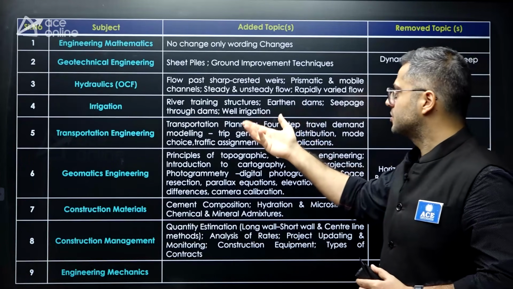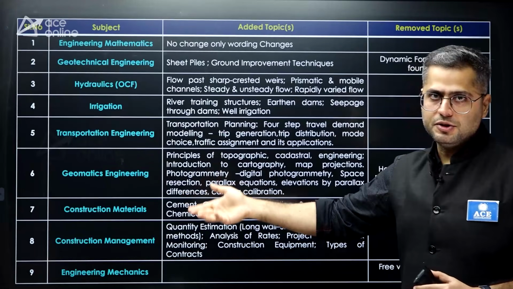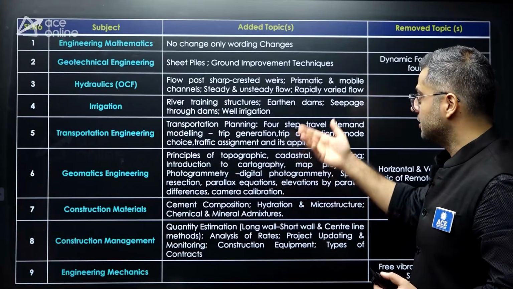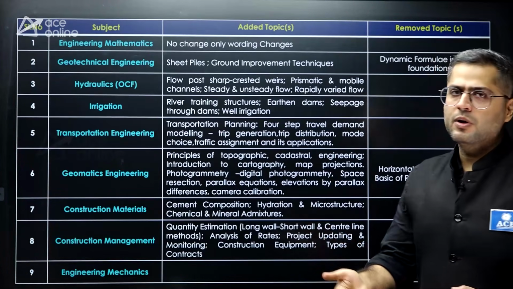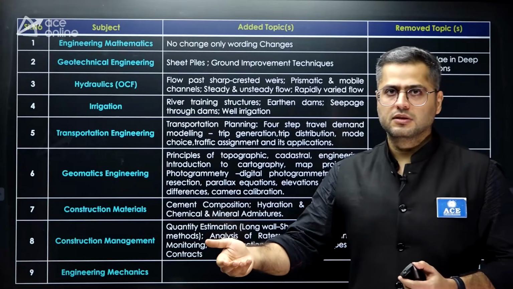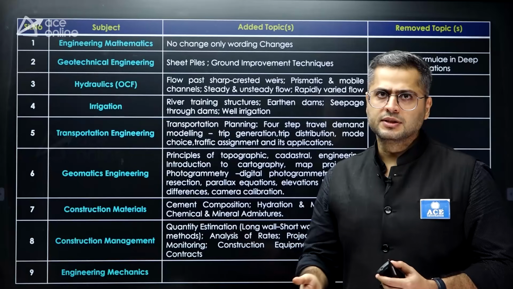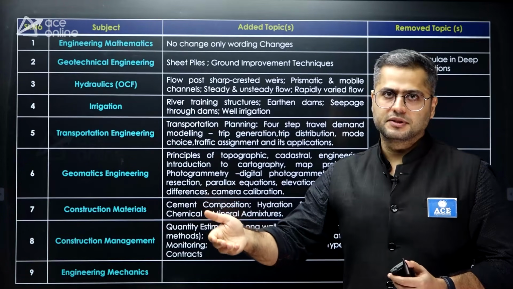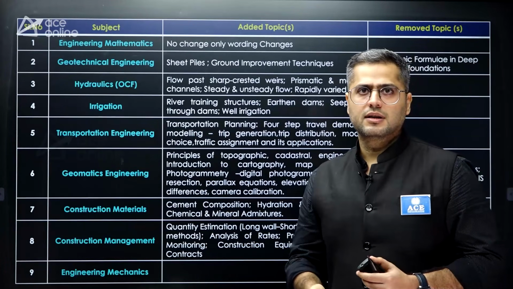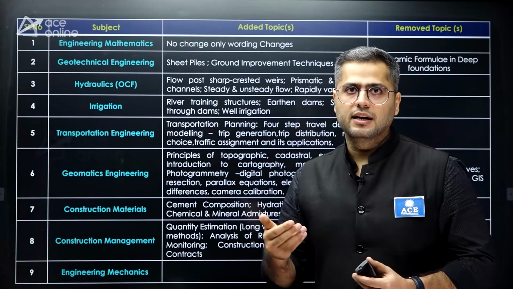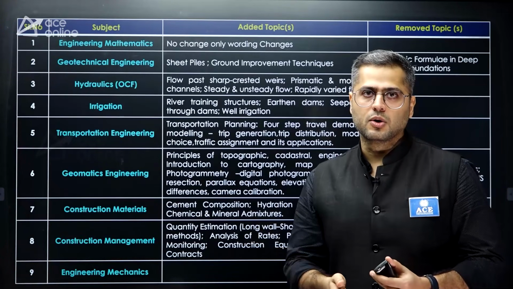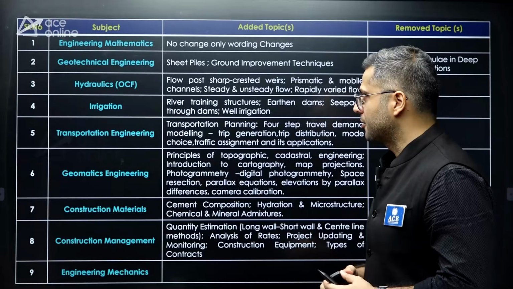Seepage through dams, some part of that is also covered in geotechnical engineering already and earthen dams as well. River training works, nevertheless, you would consider it for different competitive examinations like engineering services as well as for SSC and RRB as well. It is there in the syllabus. You cannot ignore that particular topic.